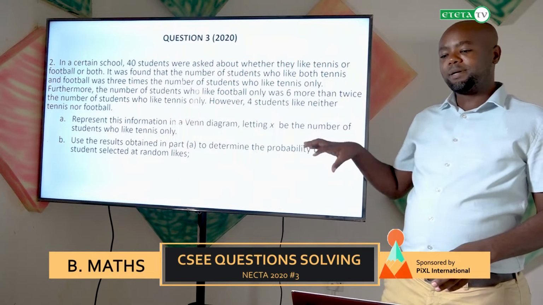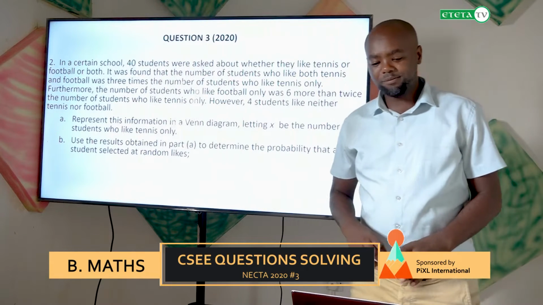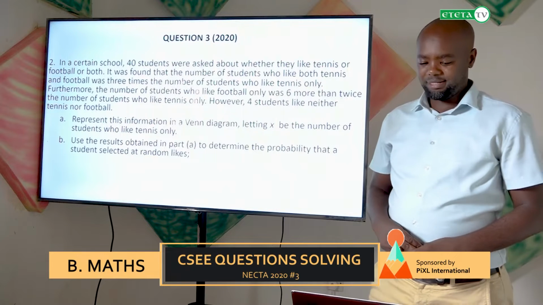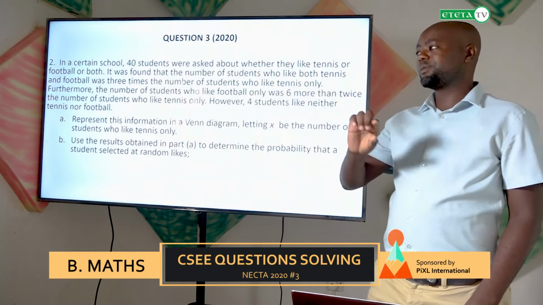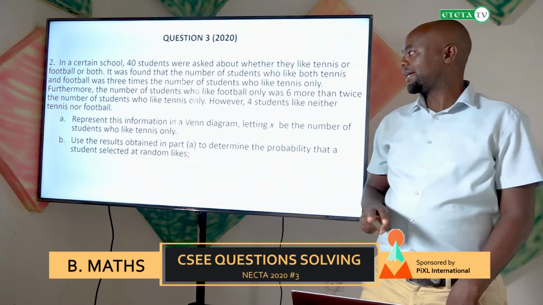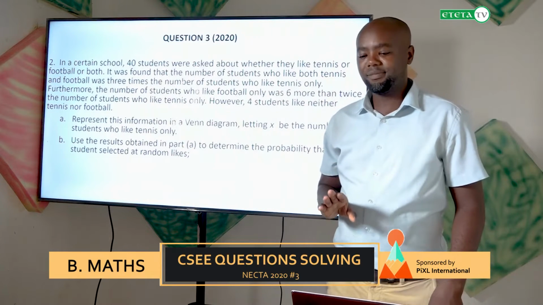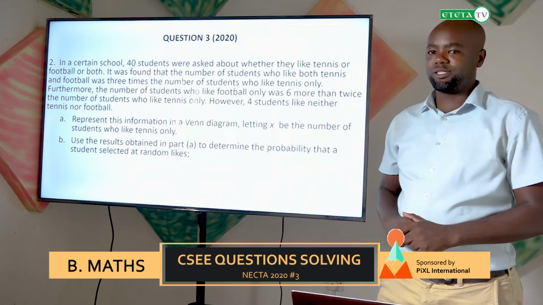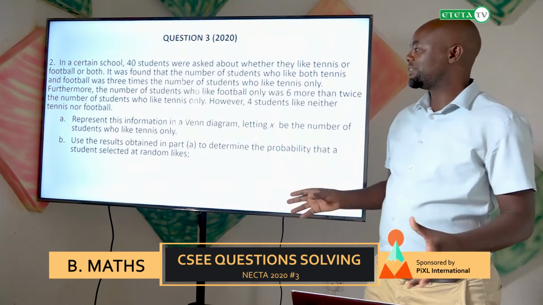The representation of sets can be done by using a circle or a figure. So here we are supposed to present our sets by using circles. And as I said, there are 2 sets, so we are supposed to draw 2 circles. How can you draw these circles?